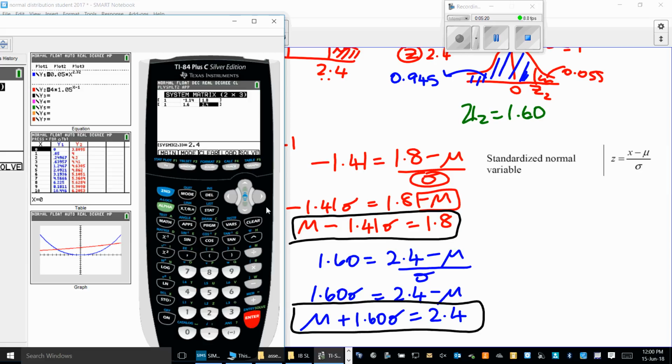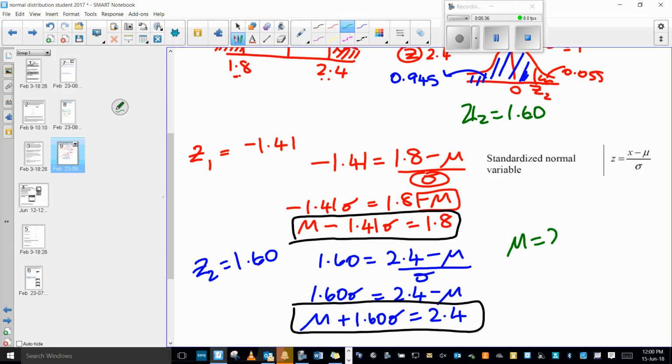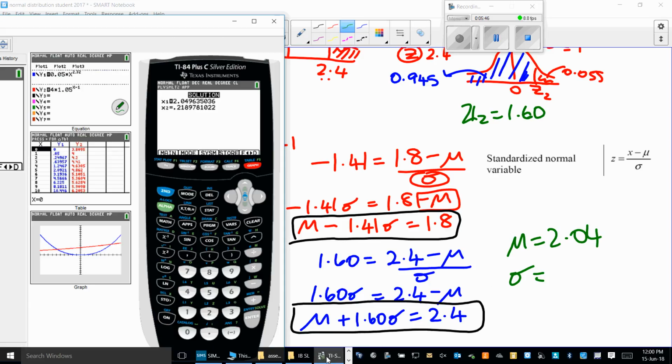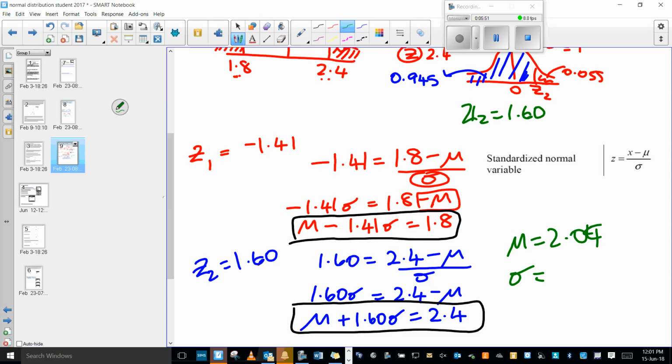And remember, as I said, because we've put our mean values in first, the x1 represents the mean. So we hit solve. And there we go. So our mean is 2.04, was it? I've got something different.